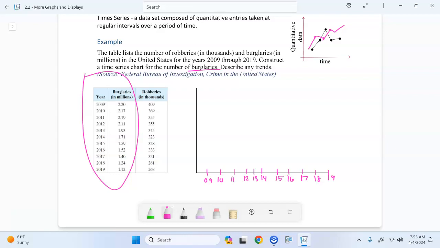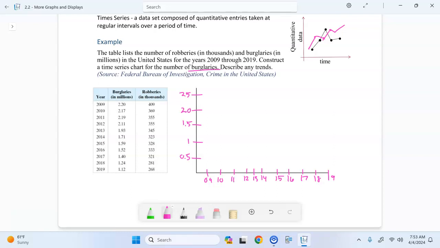All right, and looking at our scale, we have everything between, looks like 1.12 million to 2.2. So let's do a scale of 0.5 million. 0.5, then 1, 1.5, 2 million, and 2.5 million.